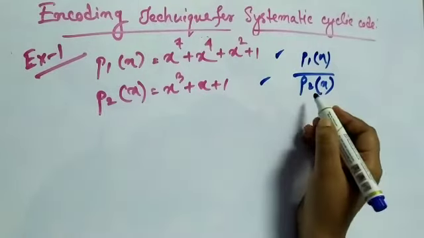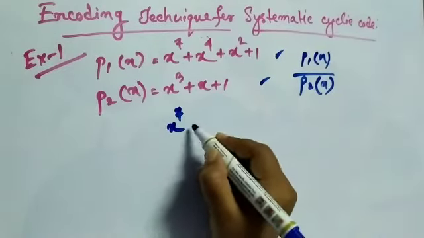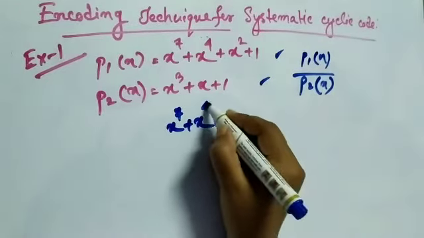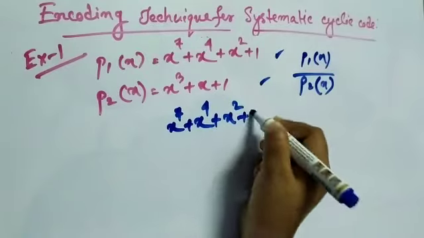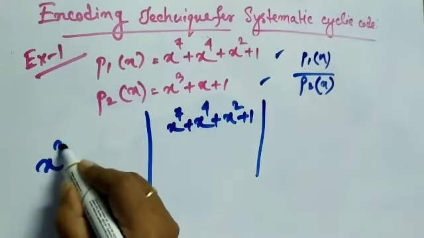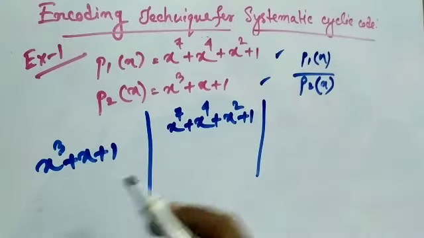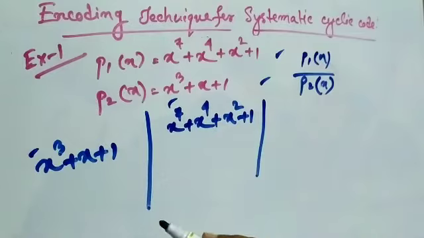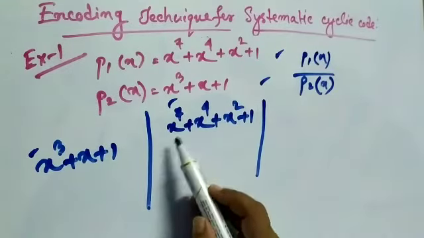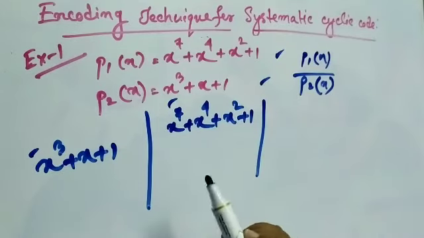First, I write p1x, and here I write p2x. Now check these two terms. Here it is x cube and here it is x to the power 7.